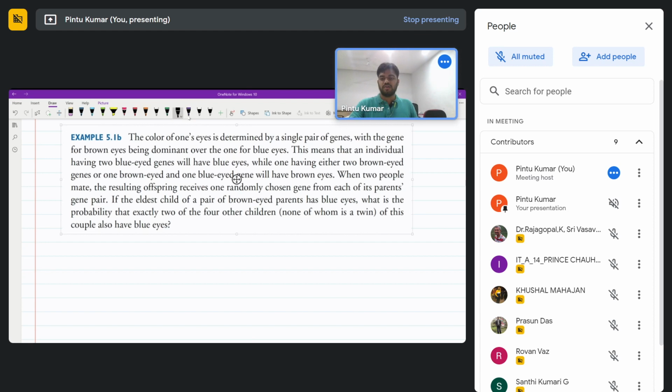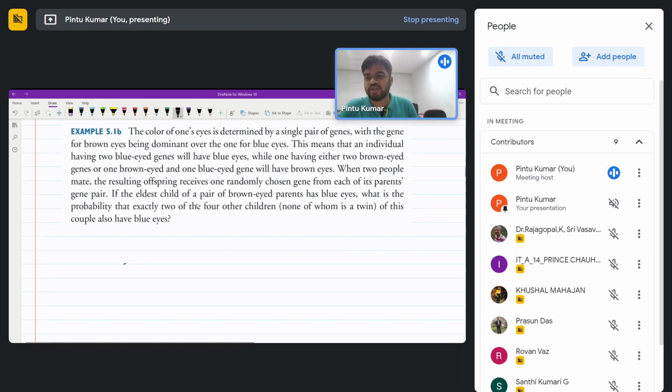I don't remember who gave this dominant theory, but genes occur in pairs. Here they have given the example of blue and brown eyes.